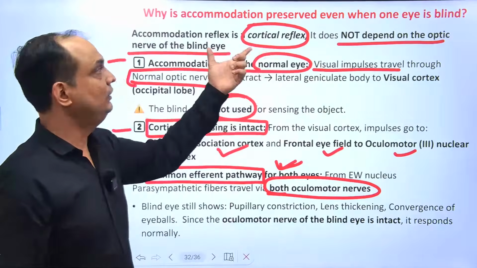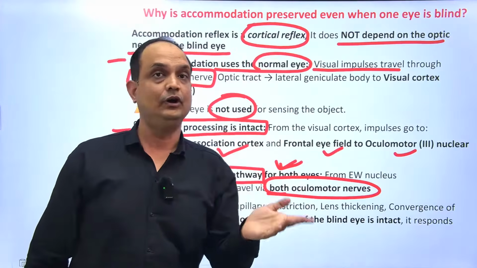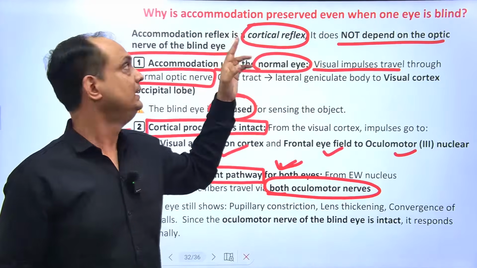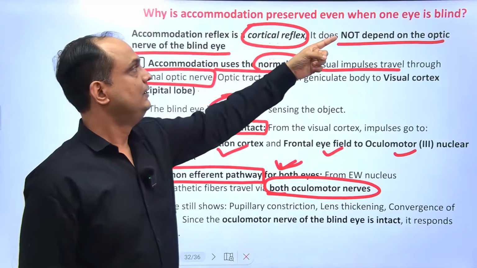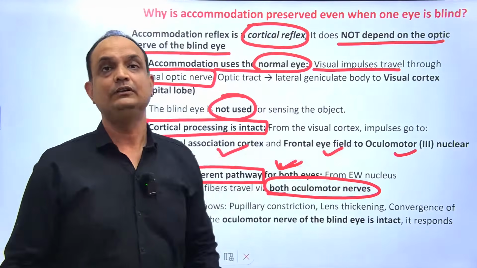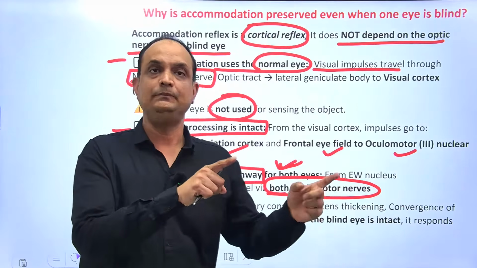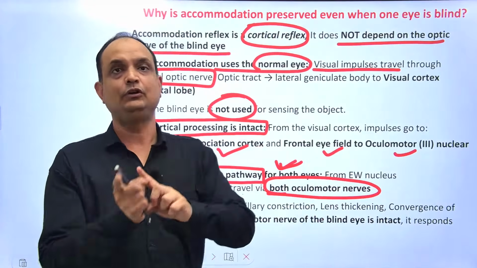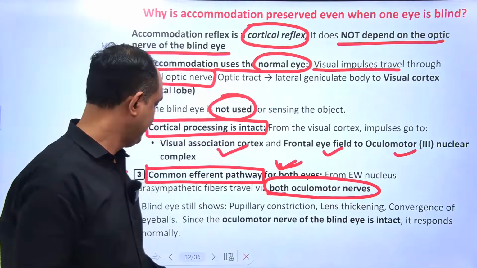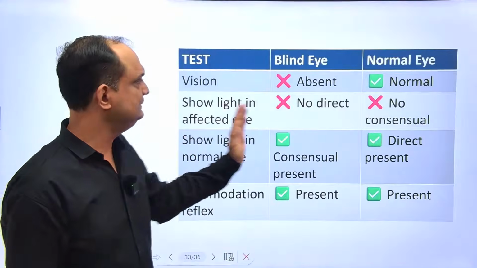We are talking only about injury of the optic nerve, not the oculomotor nerve. So this question has been asked in the exam: if a person has one blind eye, why is the accommodation reflex still present? Because the opposite eye is normal for the input, and both oculomotor nerves are normal for the efferents. Clear?